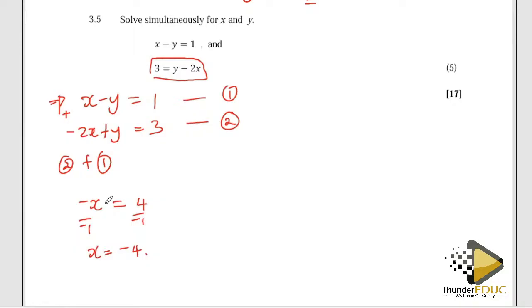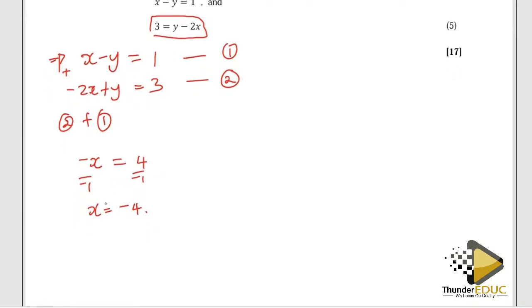Then take this -4 and replace it in equation 1. So -4 minus y should give us 1. Then we can transpose, move this to that side, which means -y is equal to 5, which means y is -5. That is how we would have gone about that, if you have to use elimination.